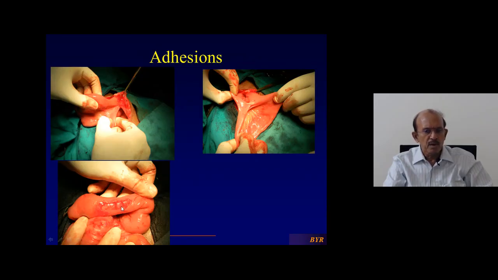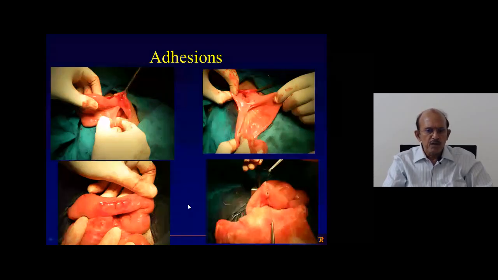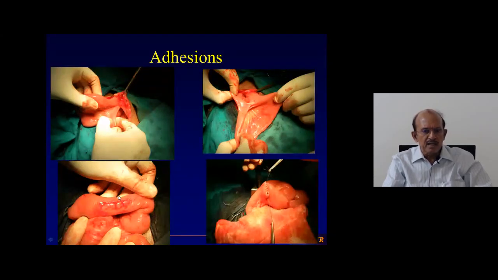So in the process of adhesiolysis, you should not leave this raw area like that inside the abdominal cavity, because when there is loss of muscle coat here, during peristaltic activity this becomes weak. So sometimes it may cause perforation. That is why you must close it.